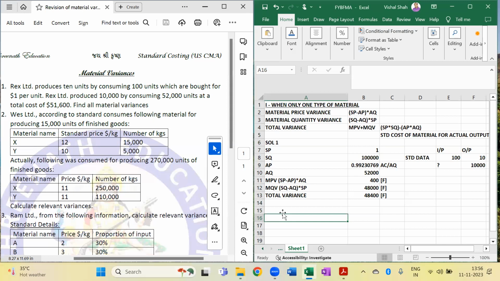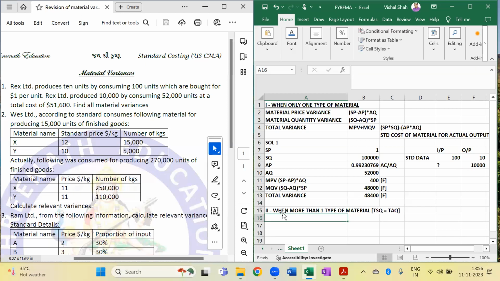Next is the second type, when there is more than one type of material but TSQ equals TAQ.